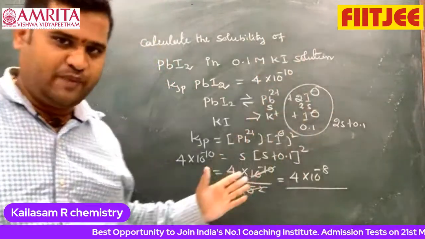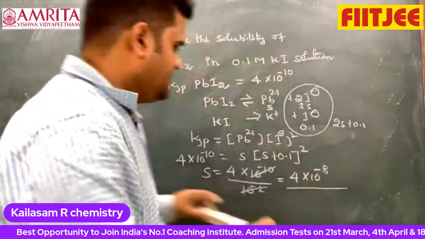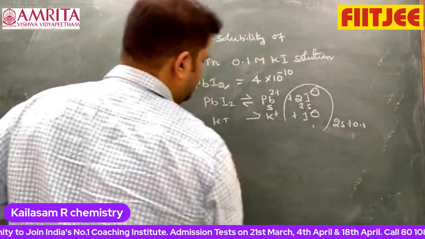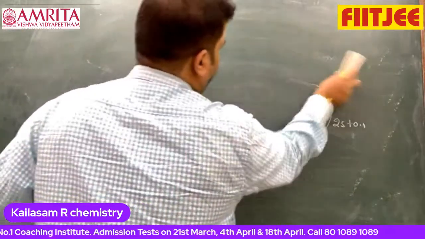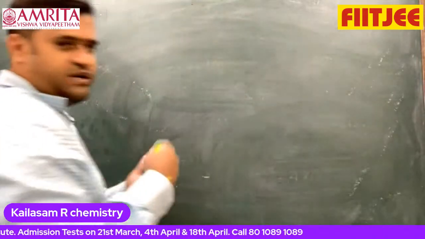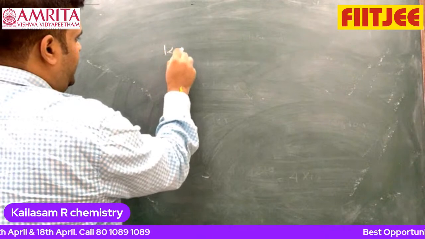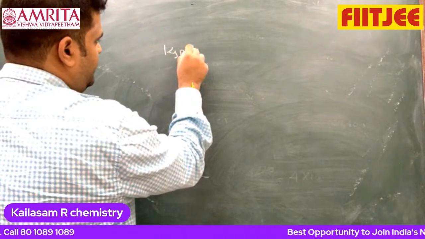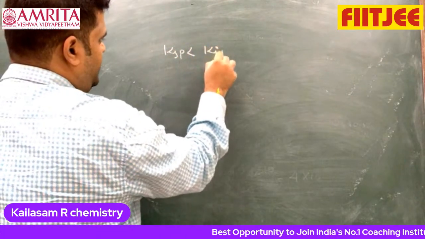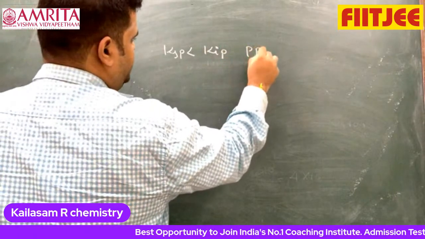These types of questions are expected. Even there is a condition. They may ask for prediction of whether precipitation takes place or not. If Ksp is less than Qsp (ionic product), precipitation occurs.